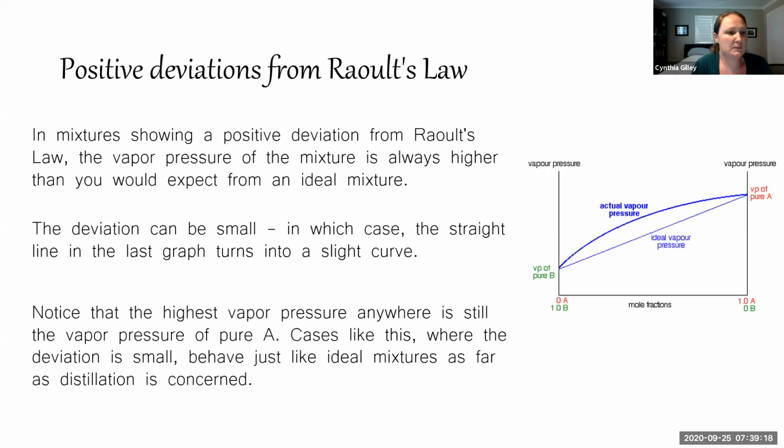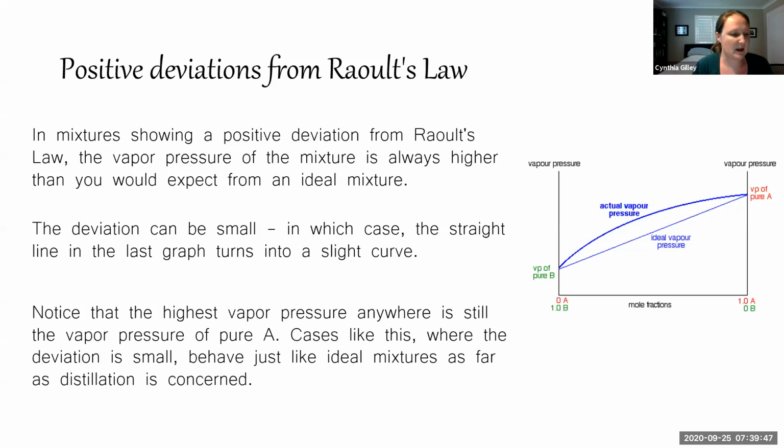Okay, so in mixtures showing a positive deviation from Raoult's law, the vapor pressure of the mixture is always higher than you would expect from an ideal mixture. When we were talking about cyclohexane and toluene, that was a positive deviation, right? And the vapor pressure curve was actually a little bit higher than the ideal case. The deviation can be small, in which case the straight line in the graph turns into a slight curve, right?